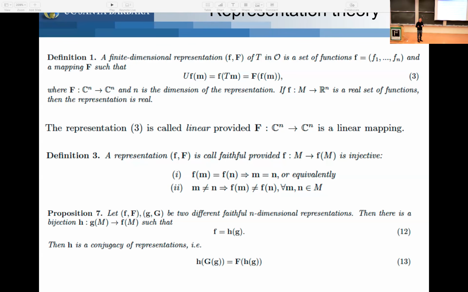Efficient would also be that I cannot find any smaller representation. So let's say I could have x dot equal to lambda x and x squared dot equal to 2 lambda x squared. I could have those two and that would not be efficient, because I can just take x dot is lambda x. So if I have two of them and they're of the same dimension, then they're conjugate. That's nice.